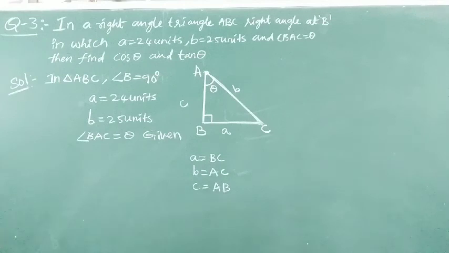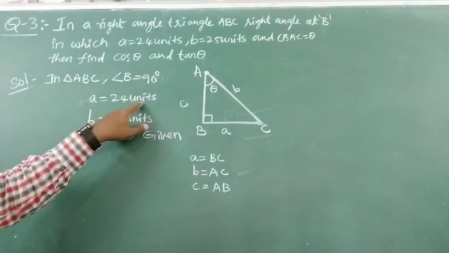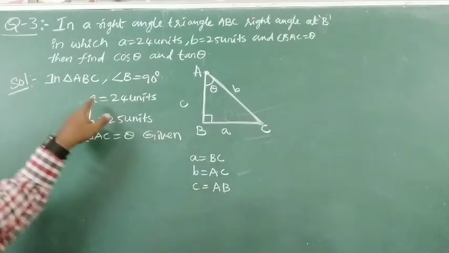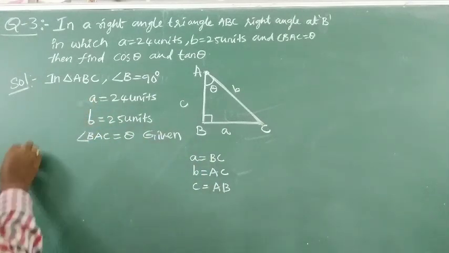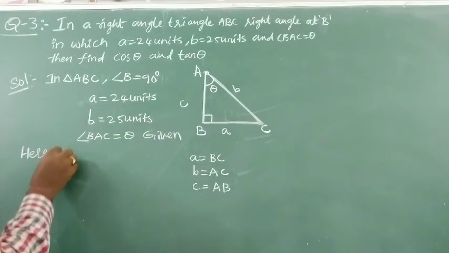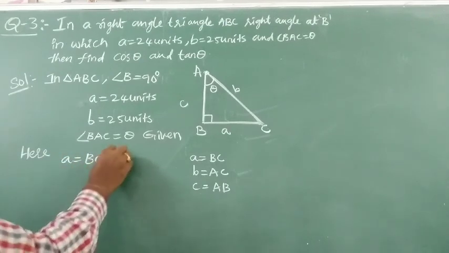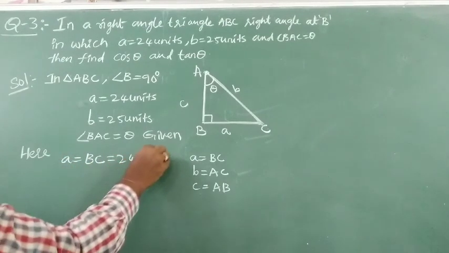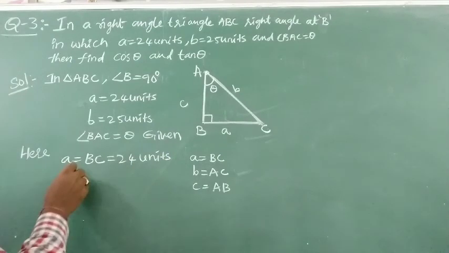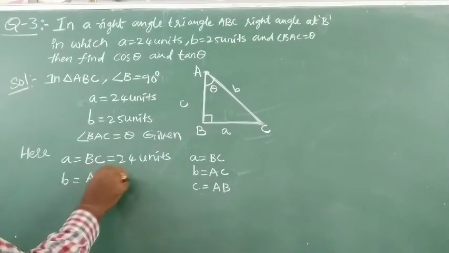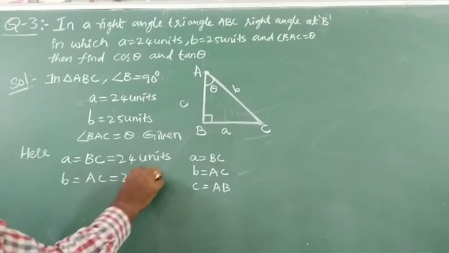Here small a value is 24 units given. Small a means BC, so BC equals 24 units. Small b equals AC, which is given as 25 units.